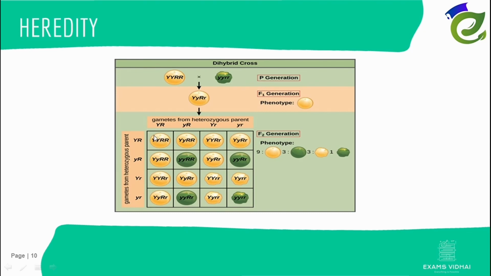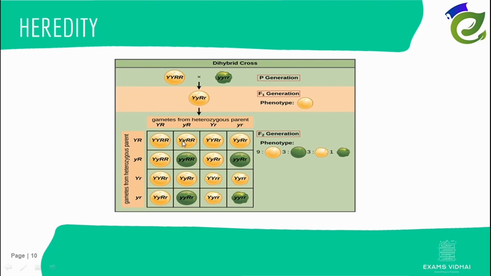So color one is Y. As there are two capital Y's, there are two dominant Y's only. So yellow will be appeared from outside. Coming to the shape, round is again dominant genes. So you will get a yellow and a round shaped seed as an output. Similarly, you can observe for other outputs.